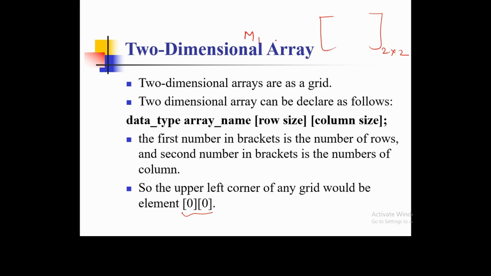Suppose the array name is m1 and it is like this: m1 2 2 means 2 rows and 2 columns. These are the number of columns, these are the number of rows.